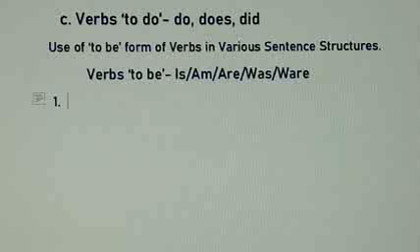First of all, we need to use a proper subject. Okay. We will use a proper subject first of all.